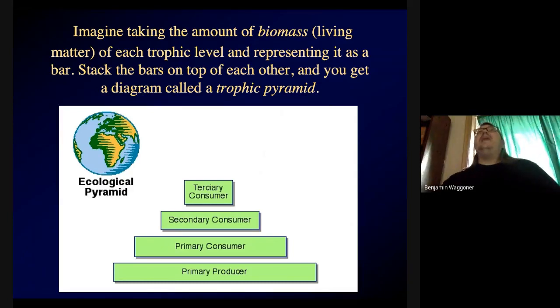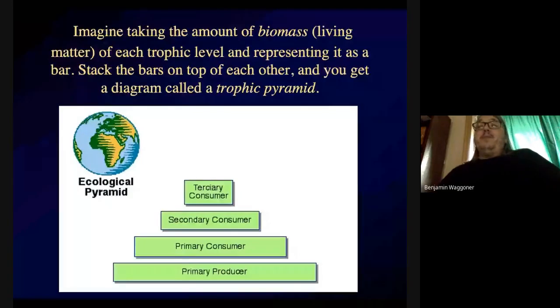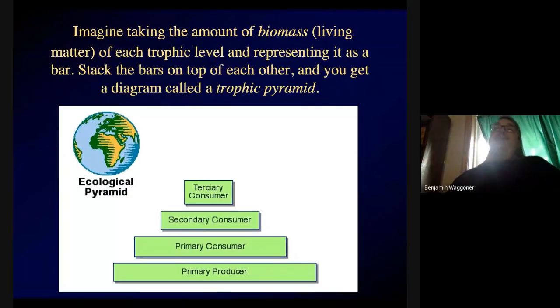And then if you weighed all of the tertiary consumers, you know, the snakes that eat the mice, you'd get maybe 100 pounds of those. And the quaternary consumers would make up maybe about 10 pounds. So you need 100,000 pounds of grasses to support about 10,000 pounds of bugs, to support about 1,000 pounds of mice, to support about 100 pounds worth of snakes, to support about 10 pounds worth of red-tailed hawks, let's say.